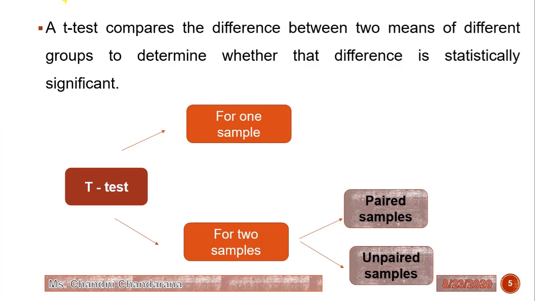Now this t-test is applied for different purposes. It can be applied for one sample and for two samples. When we apply this test for two samples, it is again divided into two types, paired samples and unpaired samples.